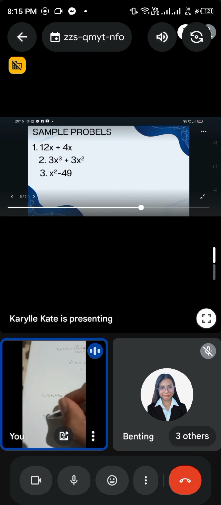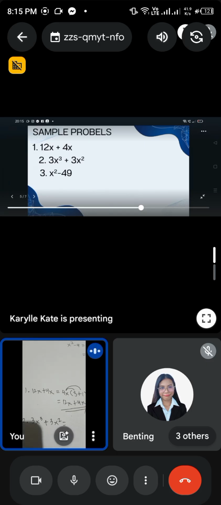So number 2 is 3x cubed plus 3x squared. This is a very familiar problem. What we're going to do is very visible. Their greatest common factor is 3, so we'll just take out 3, and in the variable we can see that the common factor is x squared.